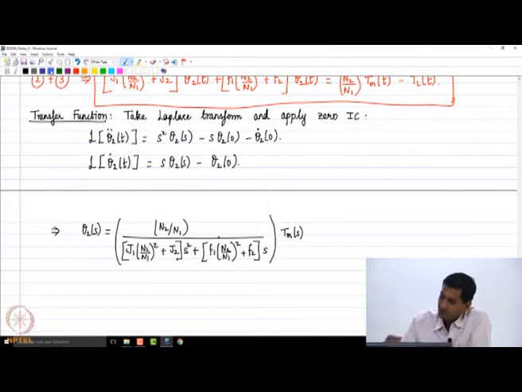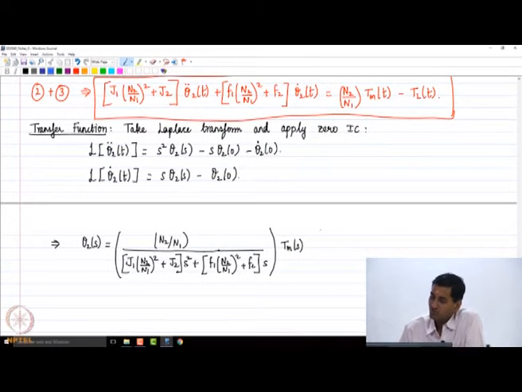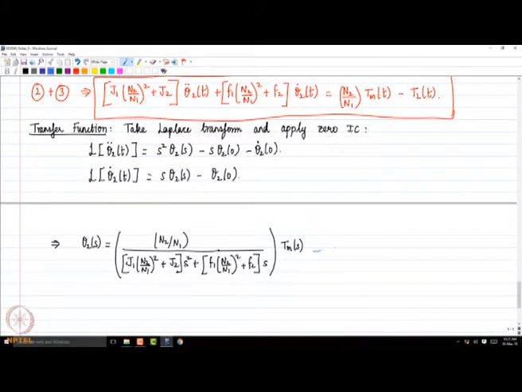Then we have another term, the load torque: minus 1 divided by the same denominator, J1 (N2 by N1) whole squared plus J2, s squared plus F1 (N2 by N1) whole squared plus F2, s, the whole thing multiplying TL(s).